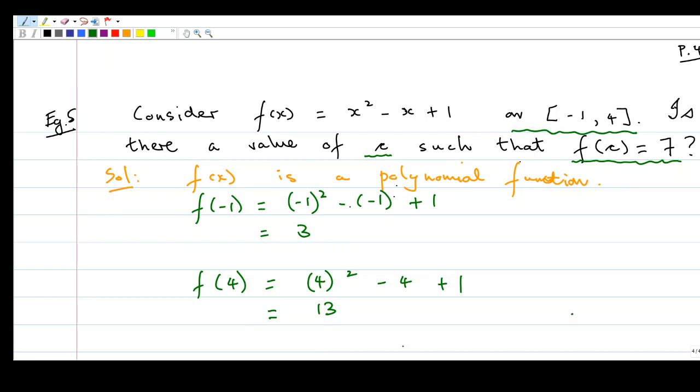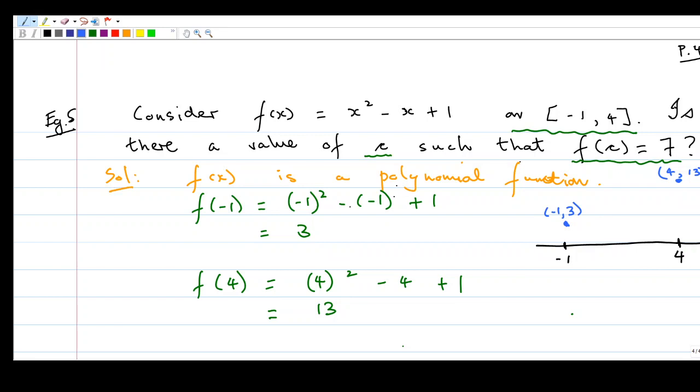Now, if we look at the closed interval from -1 to 4, we know that f of -1 is 3, and f of 4 is 13.